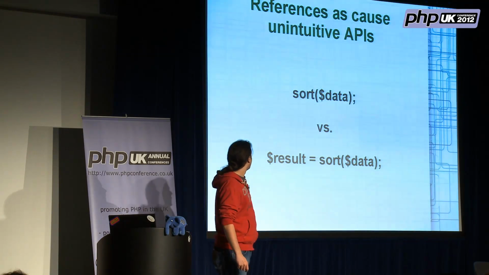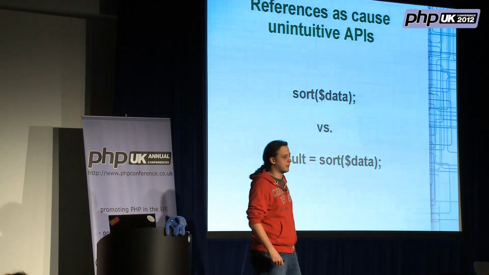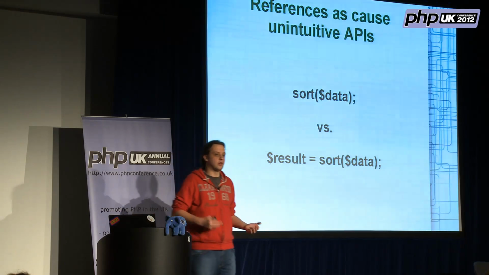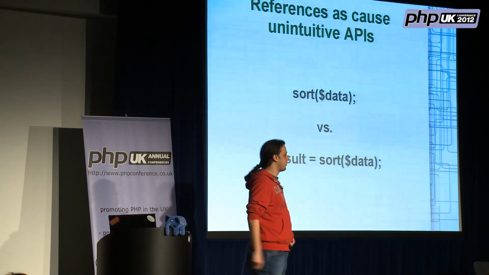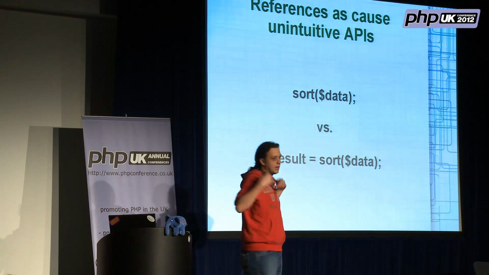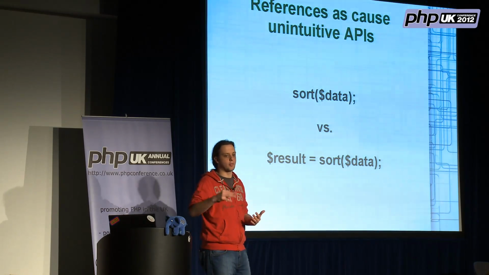So, in my opinion, there's a second issue with references: in some way they create an API which isn't that intuitive. If you look at this function call for a built-in function of PHP, you might not be aware when first reading it that it's actually changing the parameter you're passing to it.